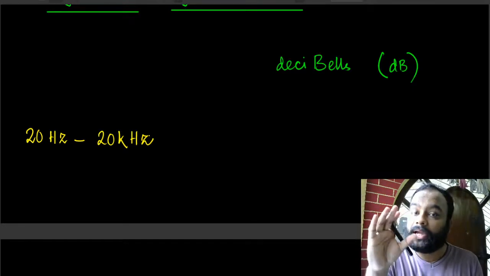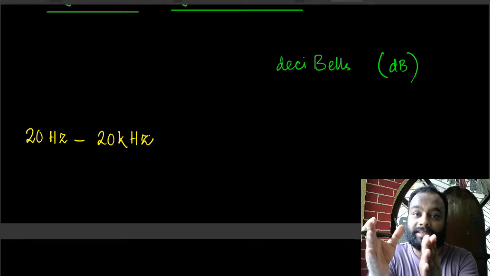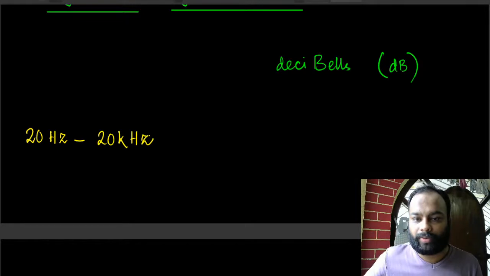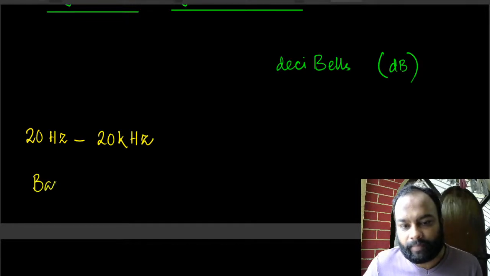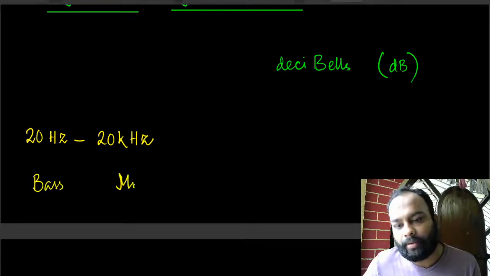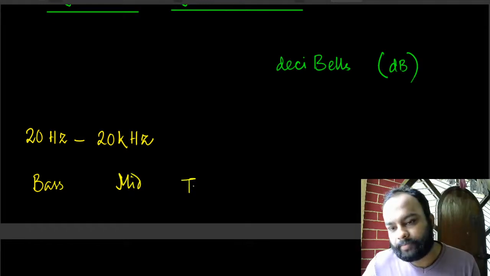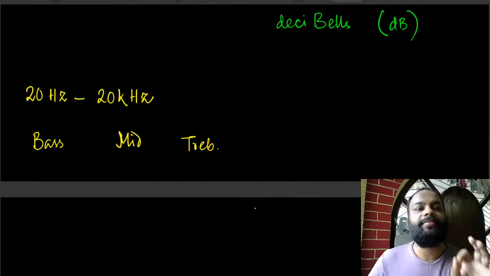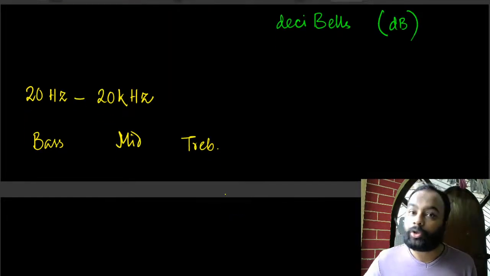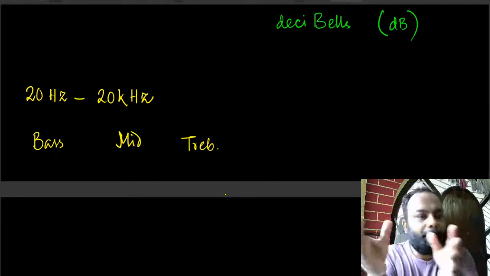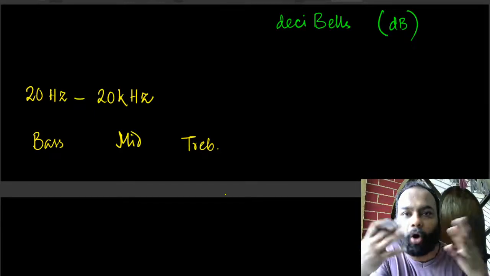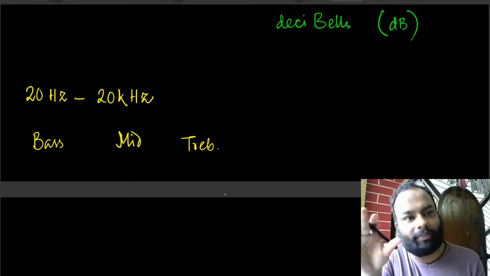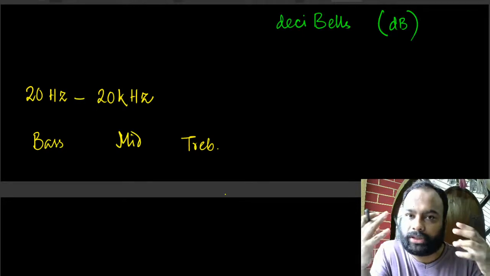We say bass, mid-range sound, and treble. Trebles are high frequency sounds. Mid-range sounds are where the human voice and vocals lie, and then we have bass.